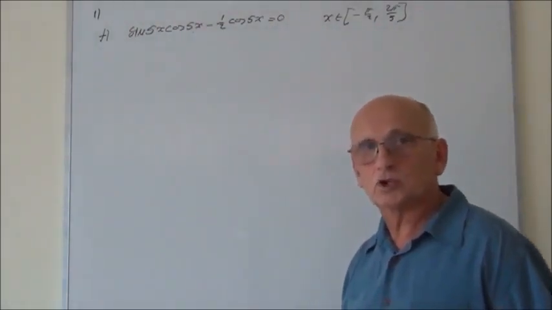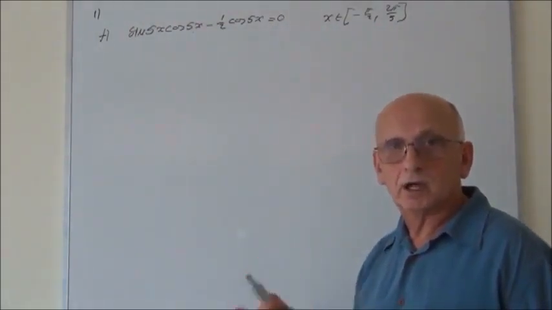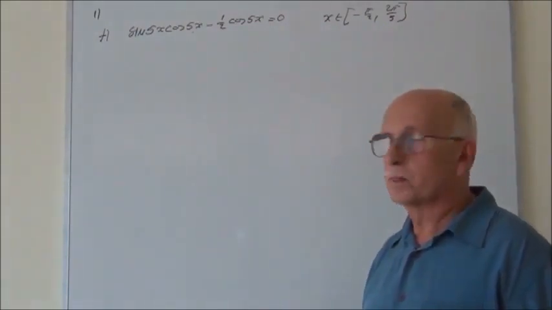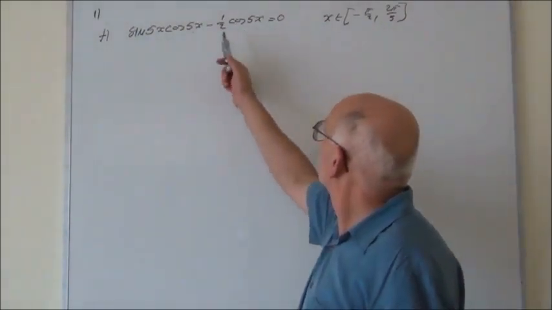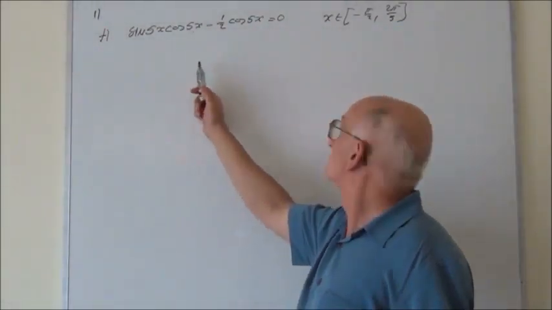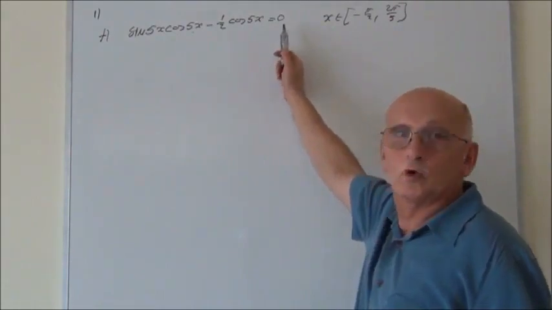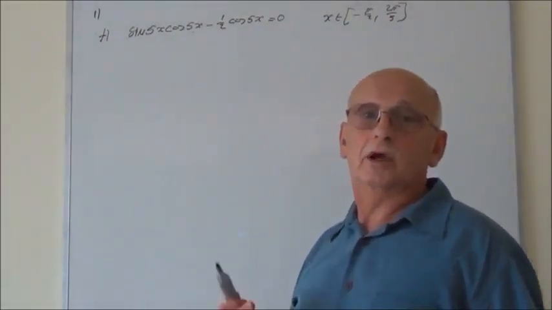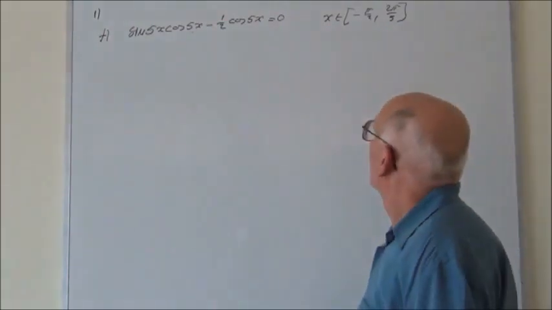Why can't we? Because cos 5x in this equation can be equal to 0. Because 0 minus 0 multiplied by something is 0, 0 multiplied by 0 is equal to 0. So cos 5x can really be equal to 0 and we can't divide.